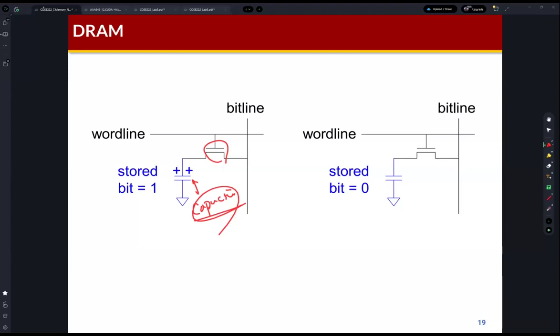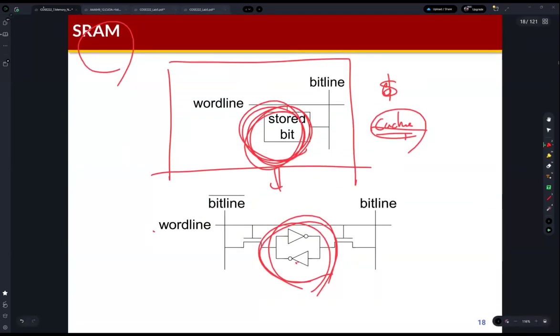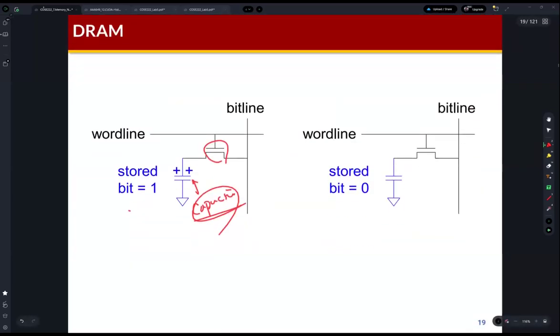Then actually it's slow. In order to charge or discharge electrons in the capacitor, it will take time, right? This time is slower than the cross-coupled inverters. That's why DRAM is slow.